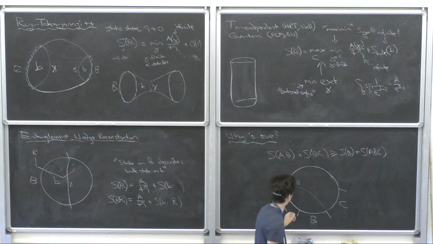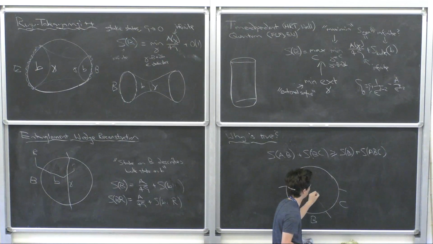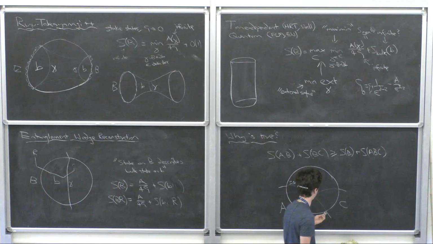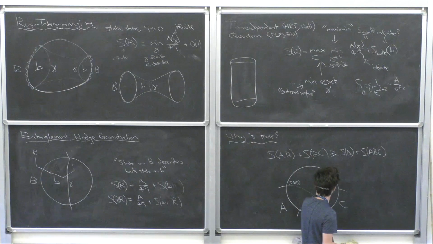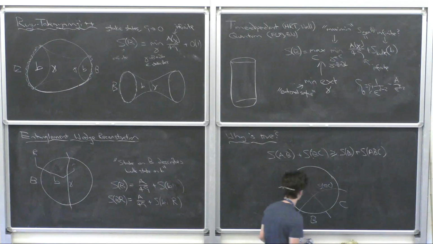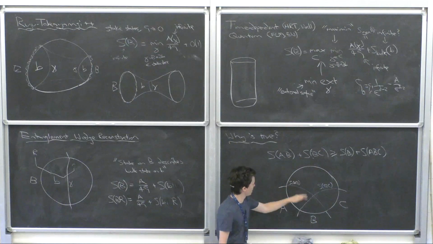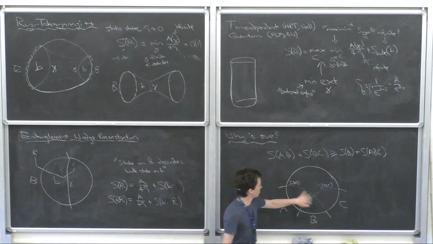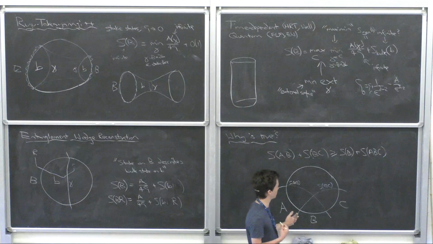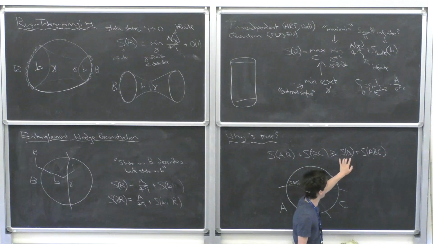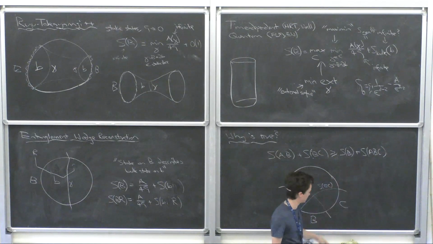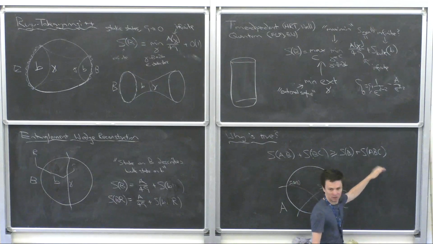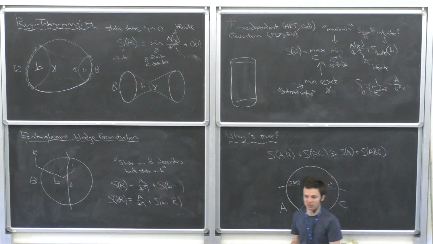We have another surface here. It's a minimal surface going around like that that gives S of BC. Okay? And we want to show that the sum of those two surfaces has an area greater than or equal to S of B, which is the minimal area surface homologous to B, plus the minimal area surface homologous to ABC. Okay?